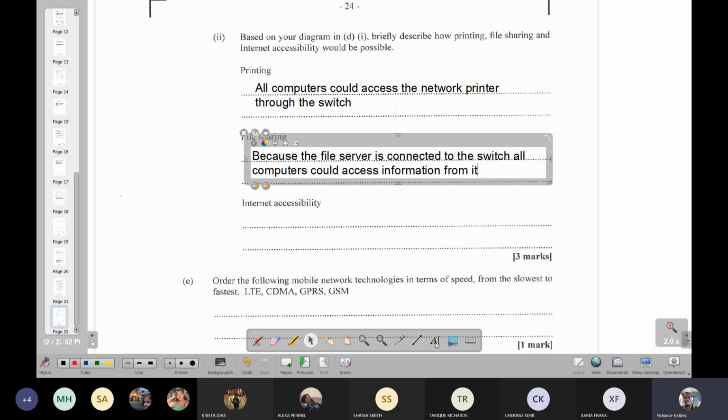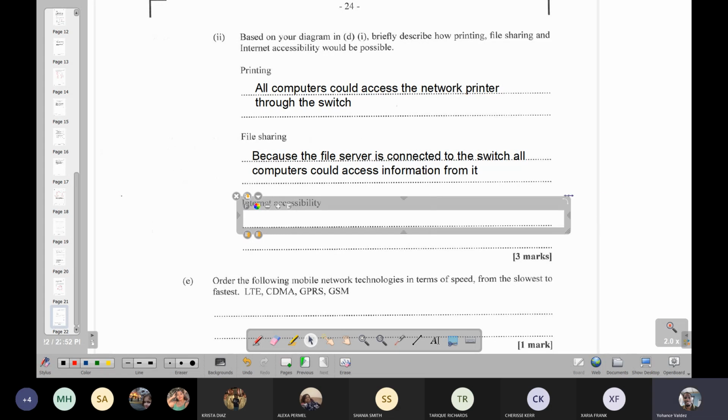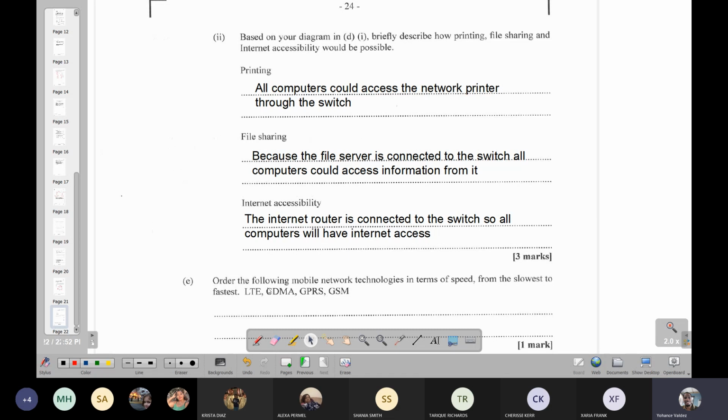And internet accessibility: the internet router is connected to the switch, so all computers will have internet access.